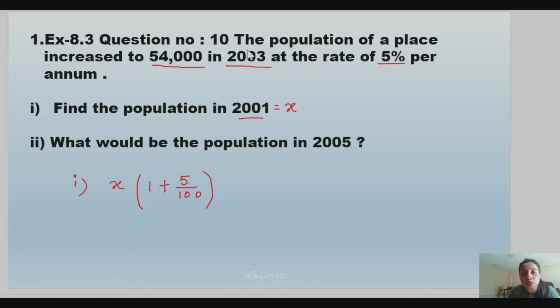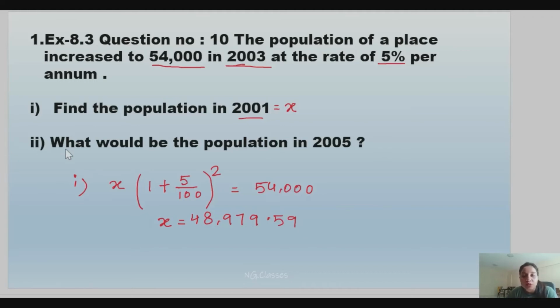From 2001 to 2003, 2 years, right? So after 2 years, it became 54,000. This is our expression. Now from here, we calculate the value of X, and we get 48,979.59.